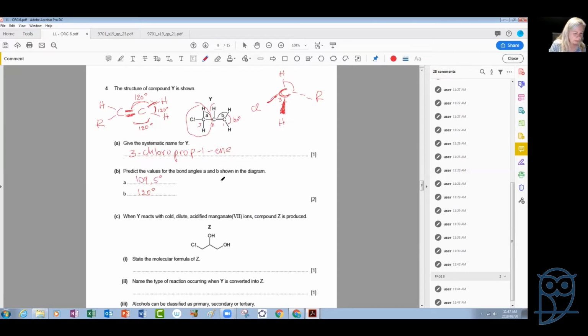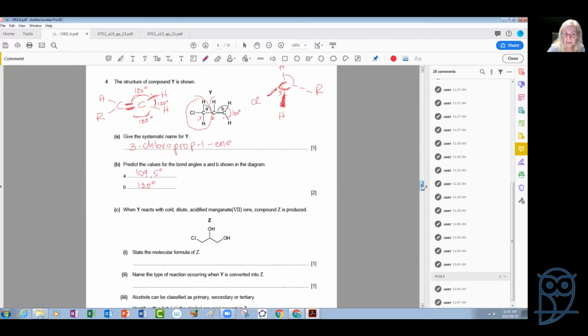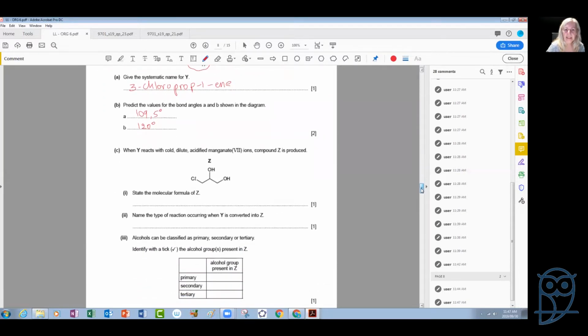When Y reacts with cold dilute acidified manganate ions, there we have the cold and dilute, the other type of oxidation of alkenes from the previous one. This time the solution of acidified manganate ions is cold and dilute.